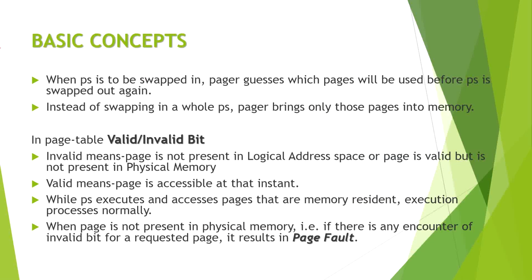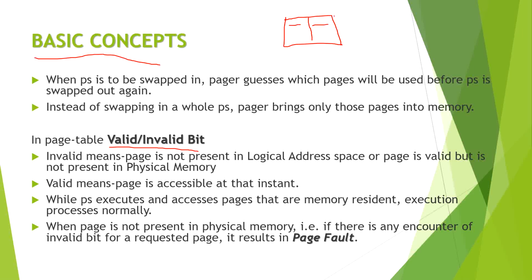Now, talking about the basic concepts of virtual memory: a valid-invalid bit is simply added to the page table. In the previous lesson we studied the page table. There are page numbers and frame numbers entered in the page table.